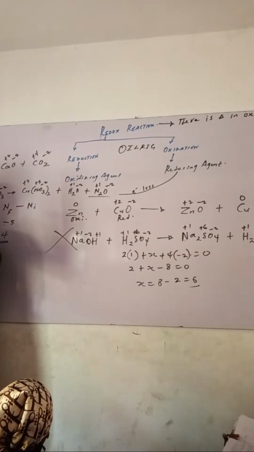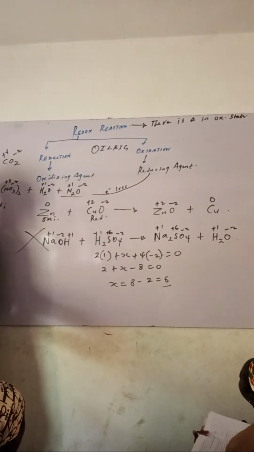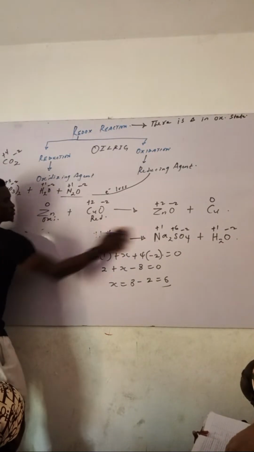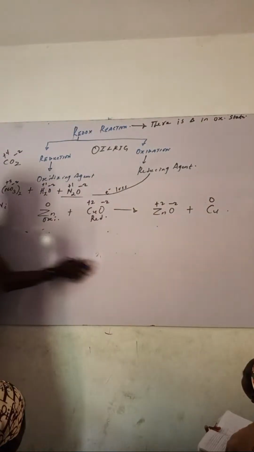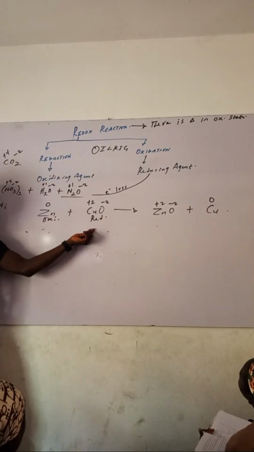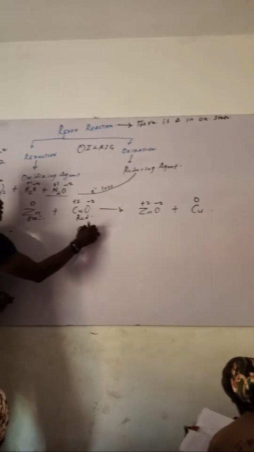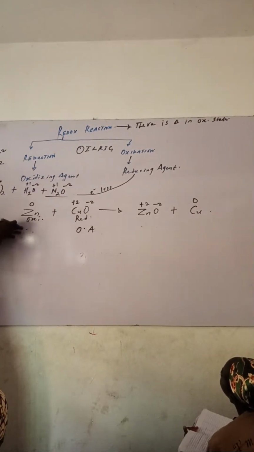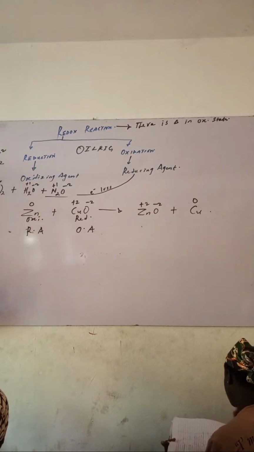CuO. The one that undergoes reduction is the oxidizing agent. Let me rub this one first. So this guy is undergoing reduction and it is called the oxidizing agent. This one is undergoing oxidation and it is called reducing agent.